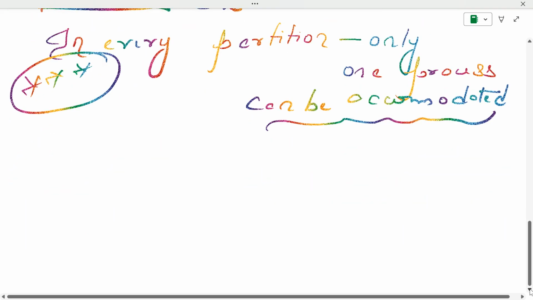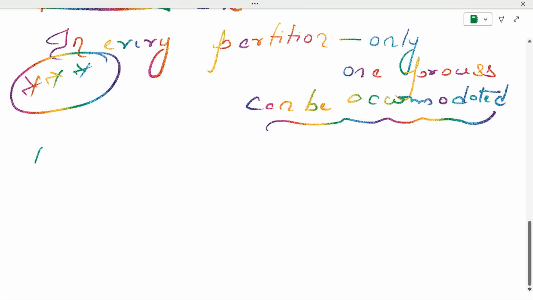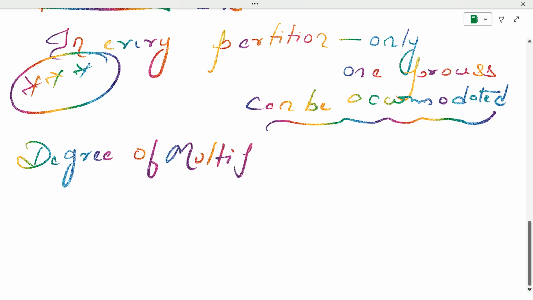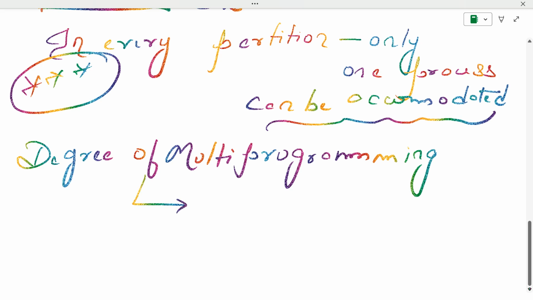And the next thing is the degree of multiprogramming. Degree of multiprogramming means the number of processes that can be in a system at one instant of time. That is called the degree of multiprogramming. This degree of multiprogramming gets restricted by the number of partitions in the memory.